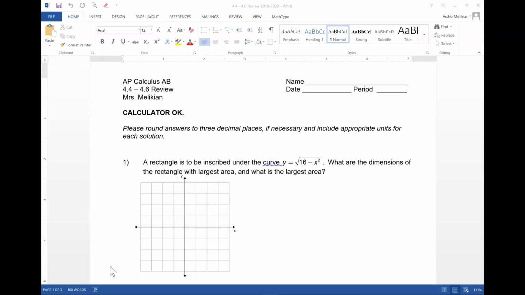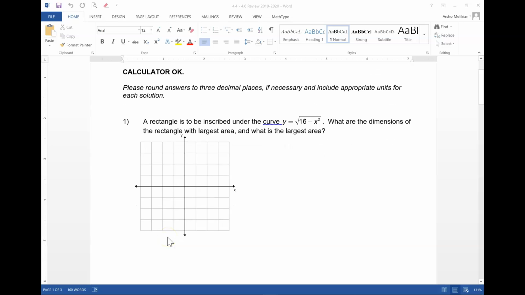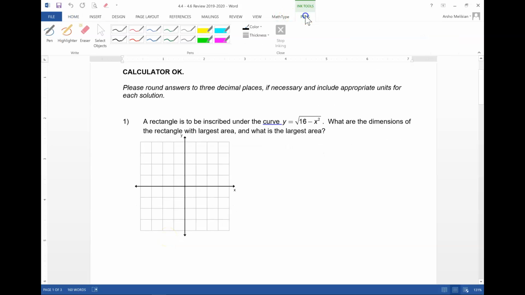All right, so first we have a rectangle that is supposed to be inscribed under the curve, the square root of 16 minus x squared. We talked about this last time: when I have the square root of a constant minus x squared, that is a semicircle, and the square root of that number is the radius.